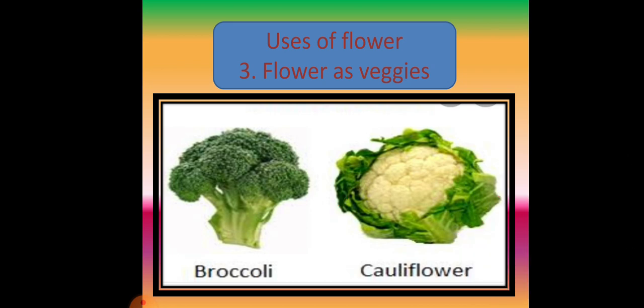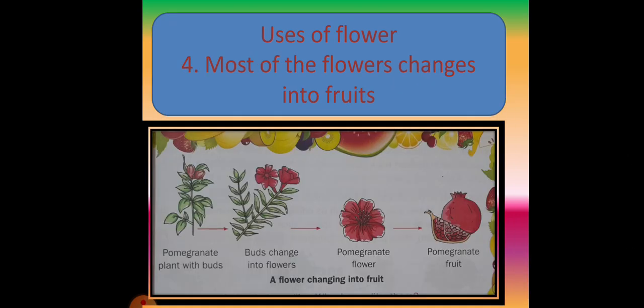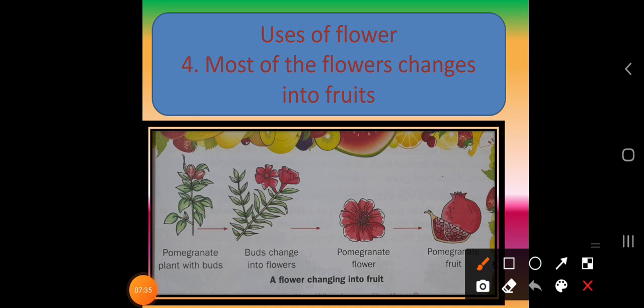Okay, dear students, now the fourth example of uses of flower. In this, most of the flowers change into fruits, so that fruits we are eating. So how is the fruit developed? From the flower itself.